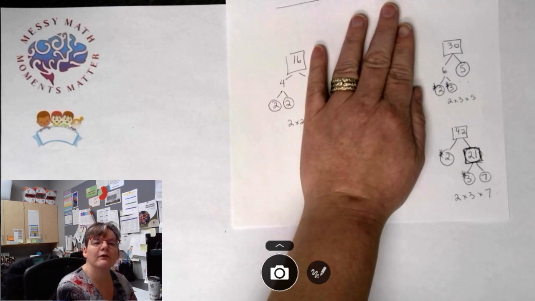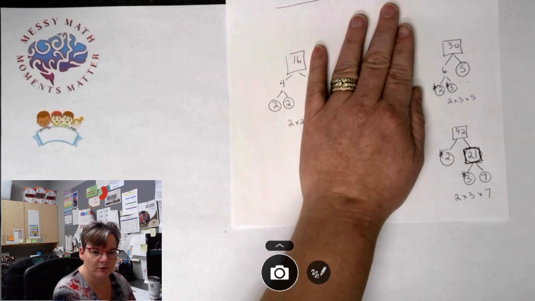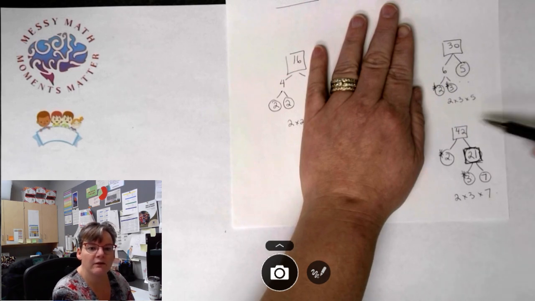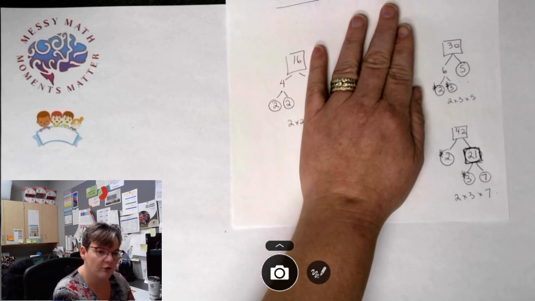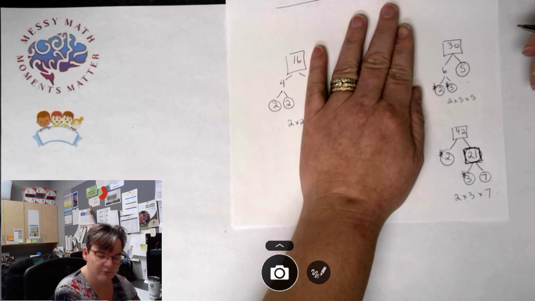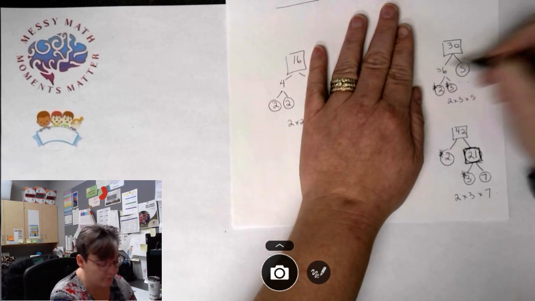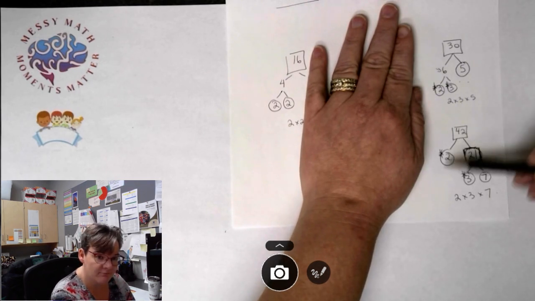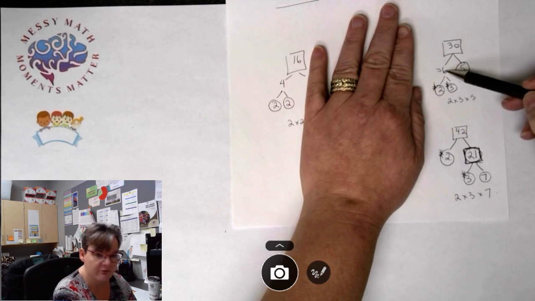There's another one. There's another hidden factor in here. It's a little bit more obvious in the 30 than it is in the 42. Can you find another number that both 30 and 42 are divisible by? Well, that's 6. It's really obvious right here because you can see the 6. But I didn't factor 42 in such a way that the 6 is obvious.